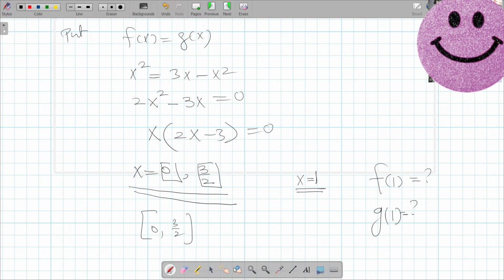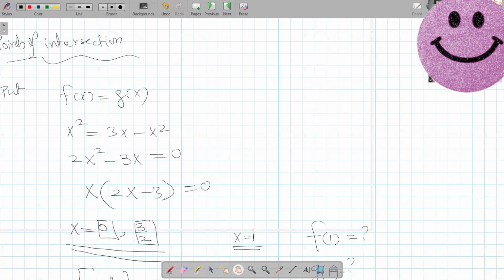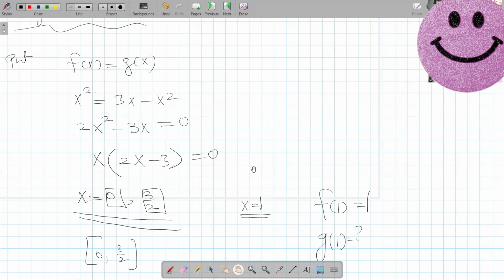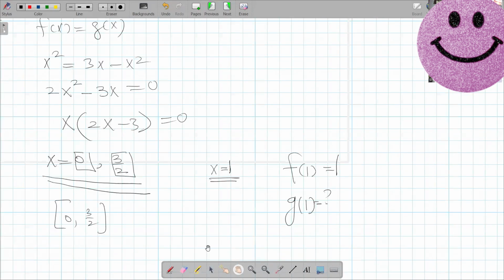The first function gives 1, and the other one gives 2. So which one is the upper curve? G. So G is the upper curve.